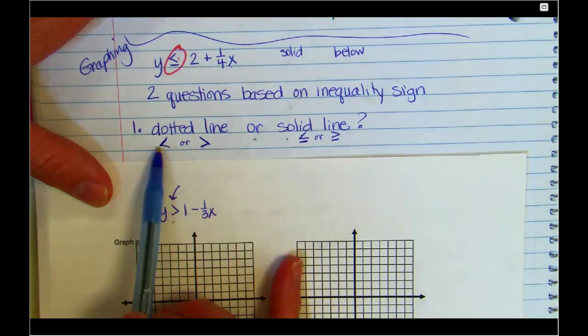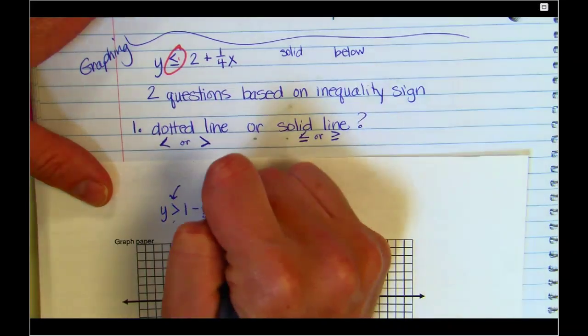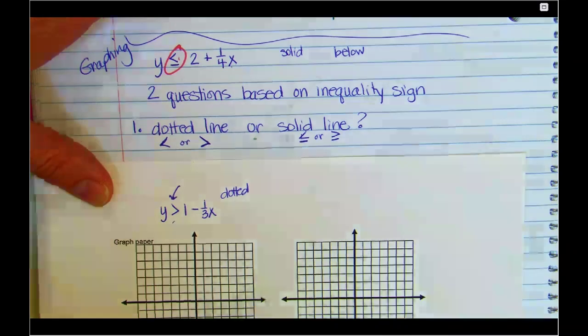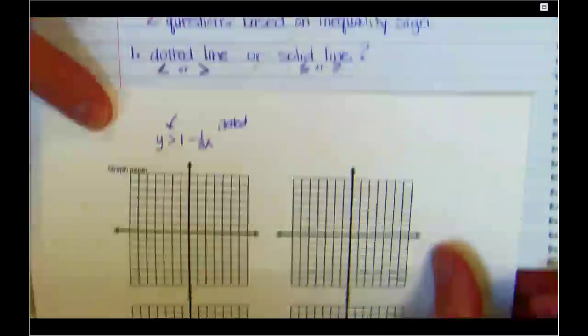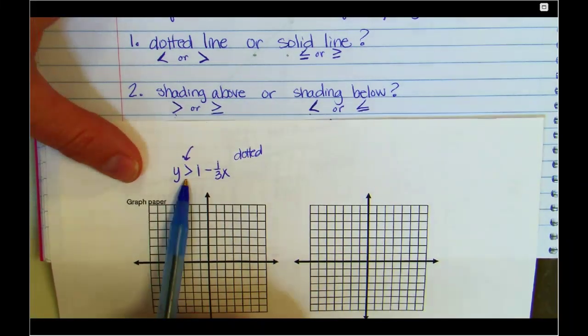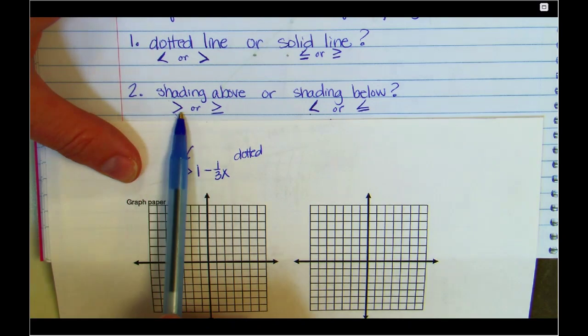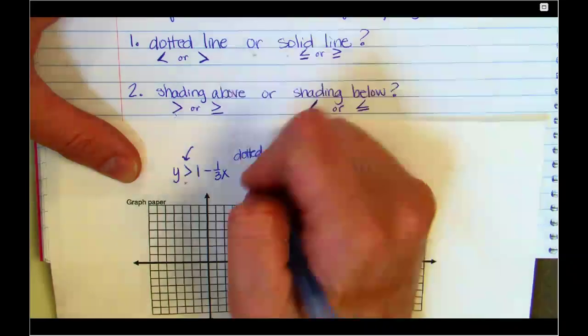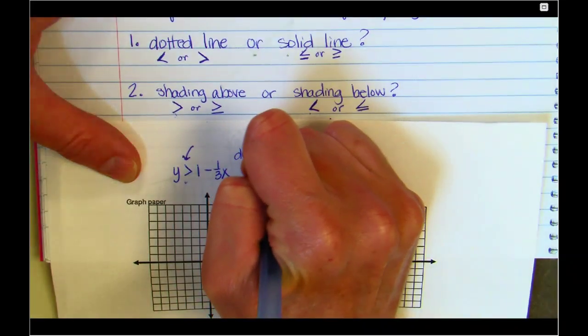Hopefully you said dotted line. So let's write down dotted. It's just for our information. And then the second question is, are we shading above the line or below the line? This is a greater than, so I have to do above the line. So I'm just going to write down dotted and above.